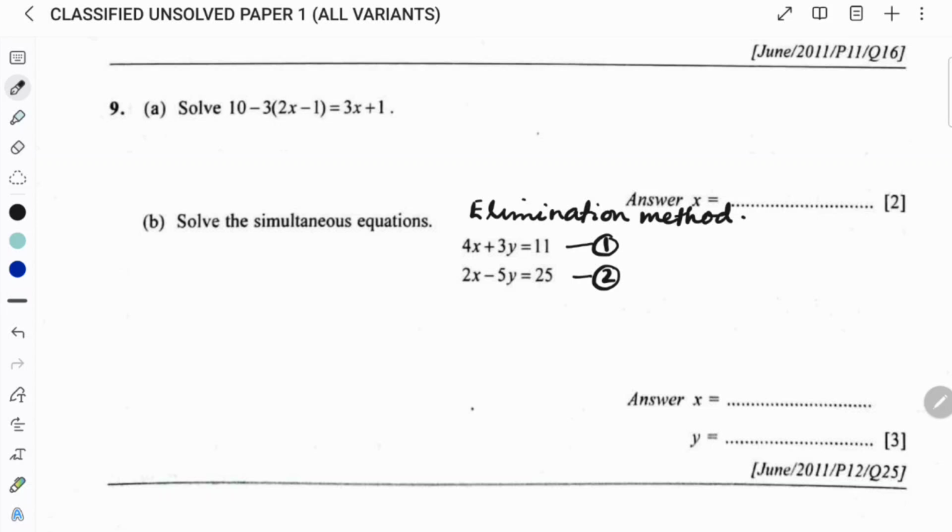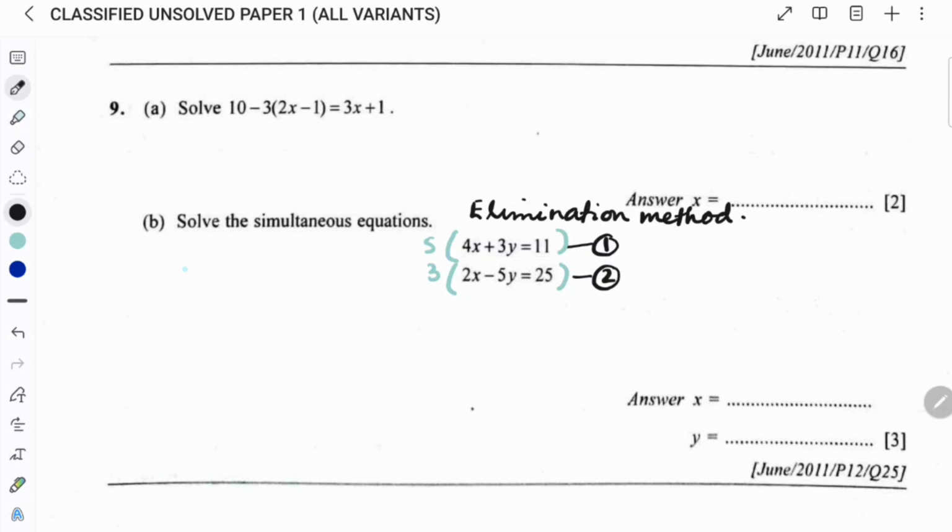You can make the y coefficient the same by multiplying the first by 5 and the second by 3. So I'm going to eliminate y here. We multiply the first by 5 and the second by 3, making both y coefficients 15, just interchanging the numbers like we do with the LCM.